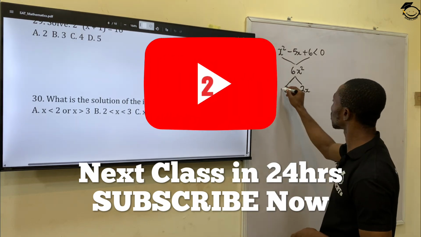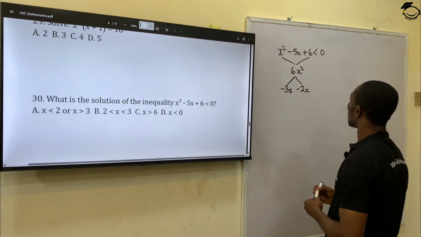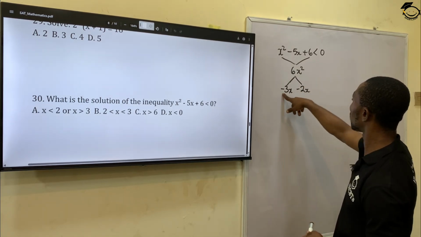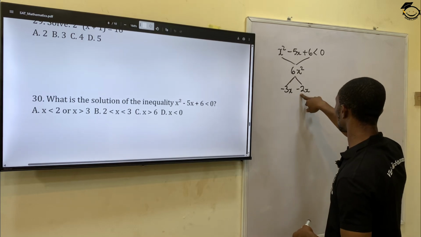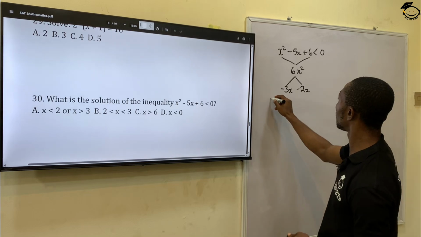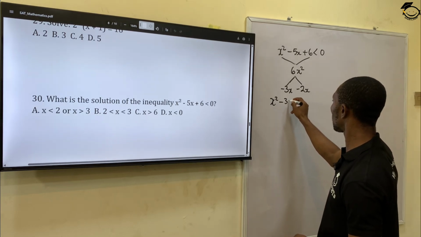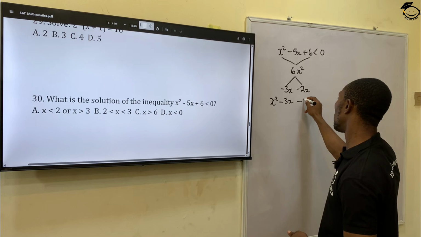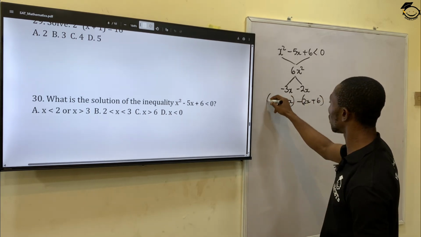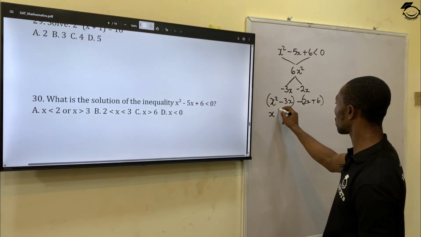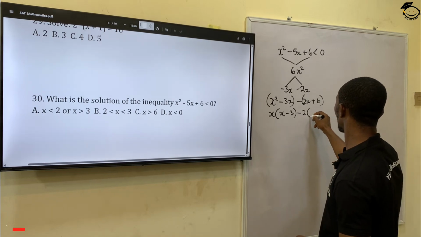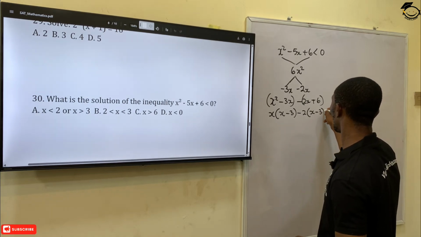So if we put this as minus 3 times minus 2, it will give us a positive 6, and minus 3 plus minus 2 will give us a negative 5. So this works. So this will become x squared minus 3x minus 2x plus 6. Grouping these two together, what's common here? x, x minus 3, minus 2 bracket x minus 3.